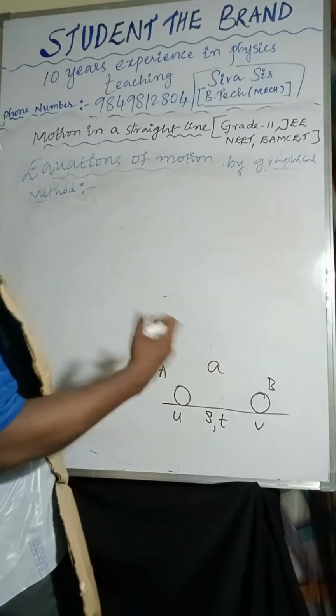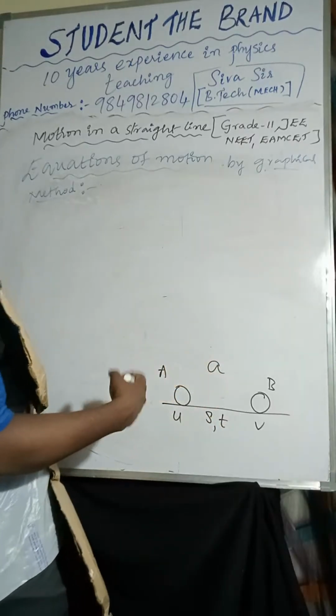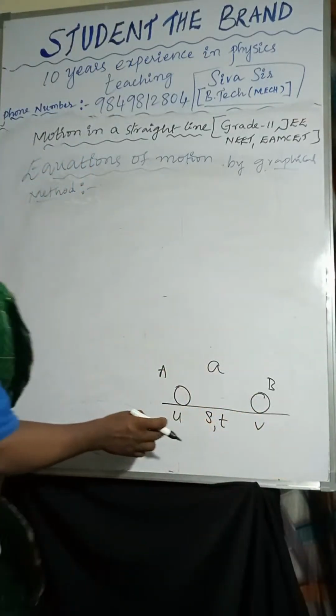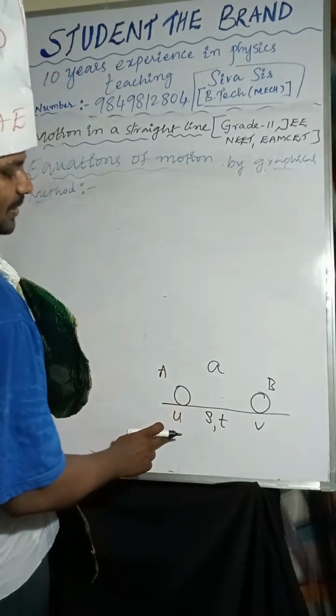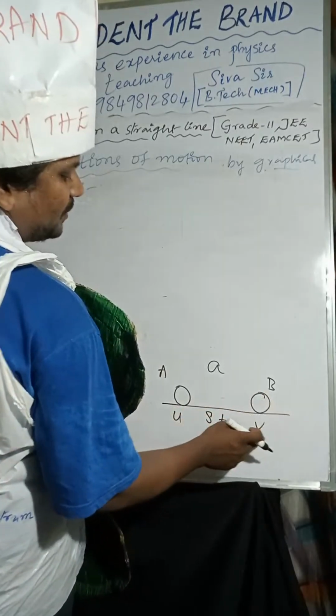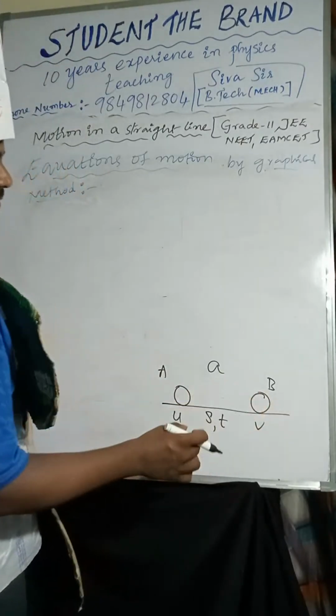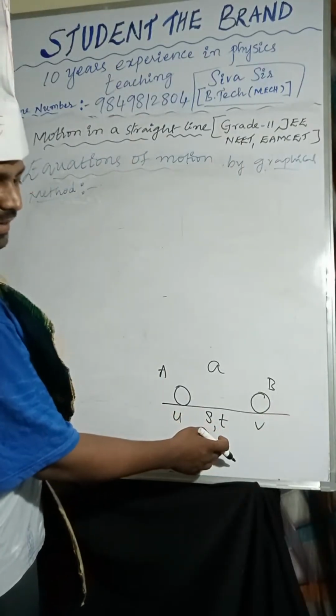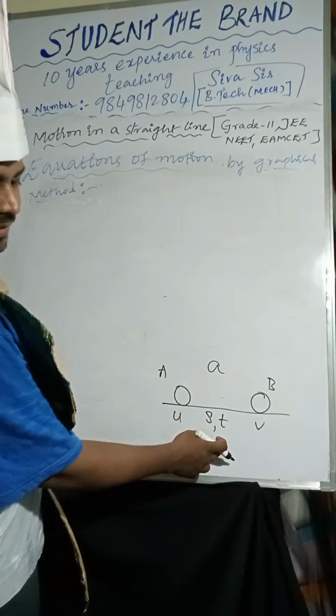First, now the object is at A with initial velocity u, and at B the final velocity v. It is moving with uniform acceleration, and it travels a distance within the time taken t.